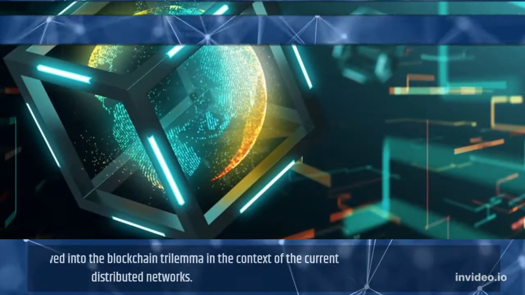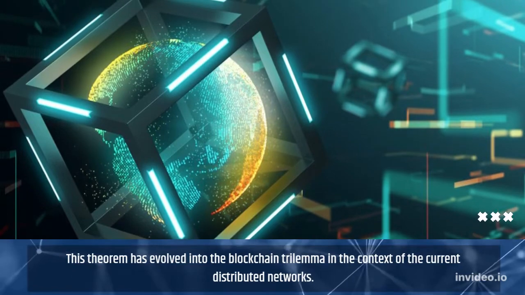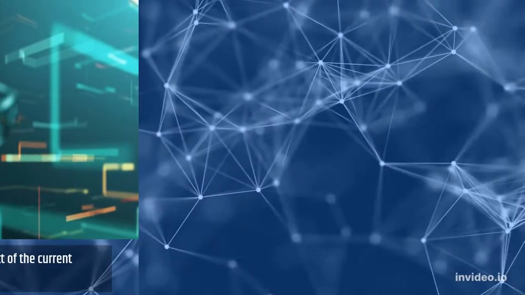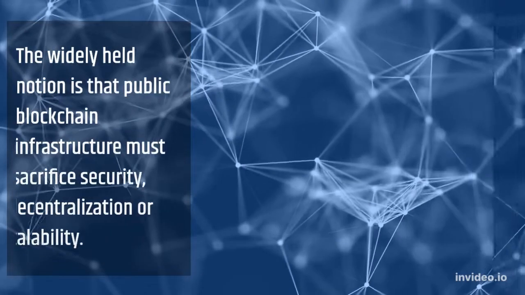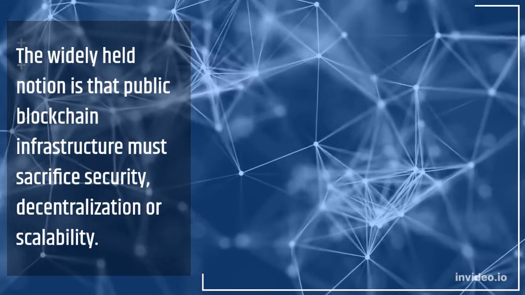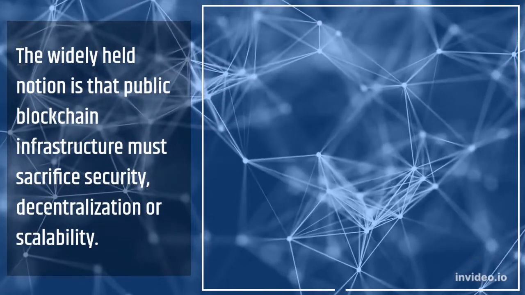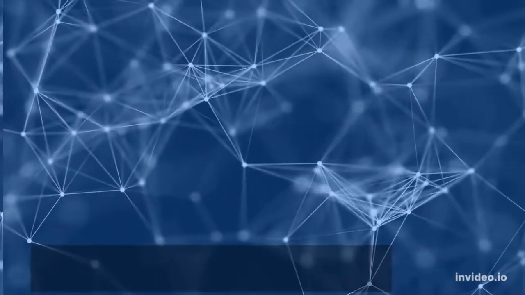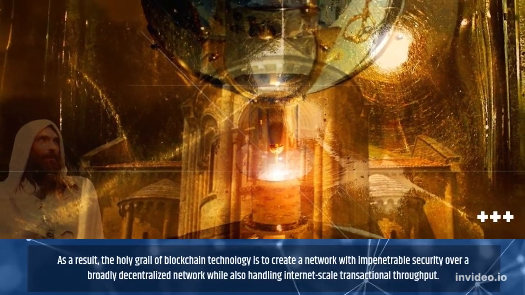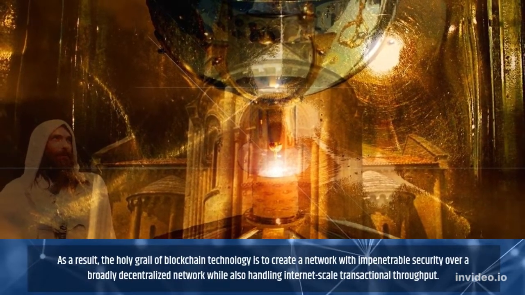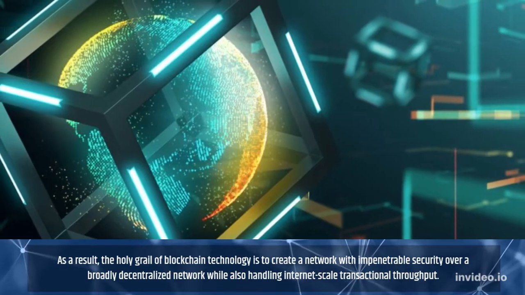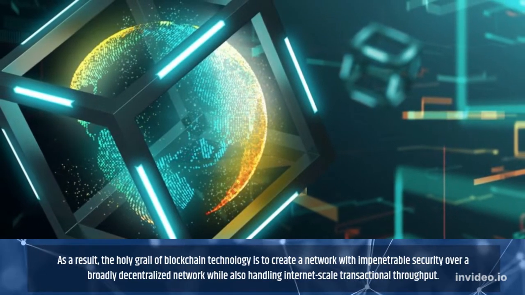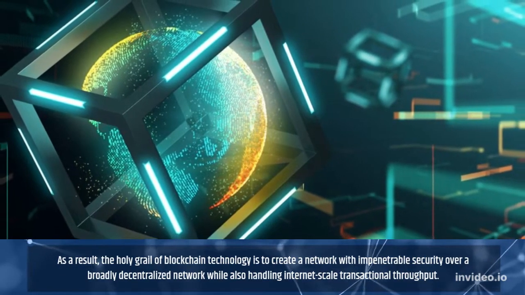This theorem has evolved into the blockchain trilemma in the context of the current distributed networks. The widely held notion is that public blockchain infrastructure must sacrifice security, decentralization or scalability. As a result, the holy grail of blockchain technology is to create a network with impenetrable security over a broadly decentralized network while also handling internet-scale transactional throughput.